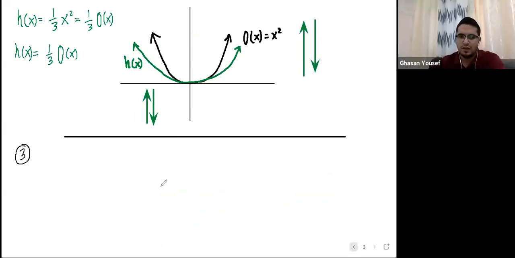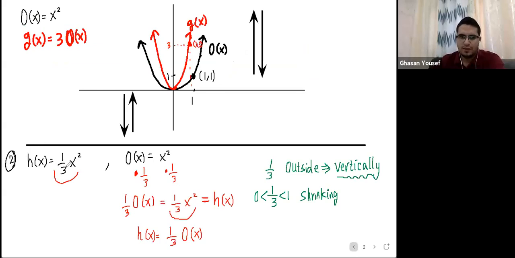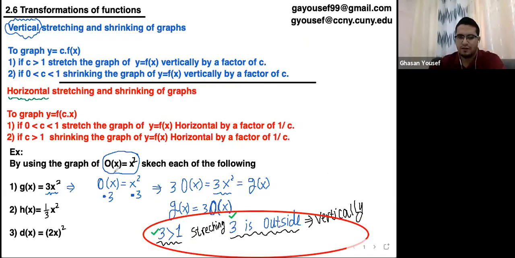Because the question told me by using the graph of O of x equal x squared, so my original function is x squared. I have a graph first of all of O of x equal x squared, then I have to do the vertical and horizontal stretching and shrinking. And I don't know if I did not understand exactly your question, but all of them are different.